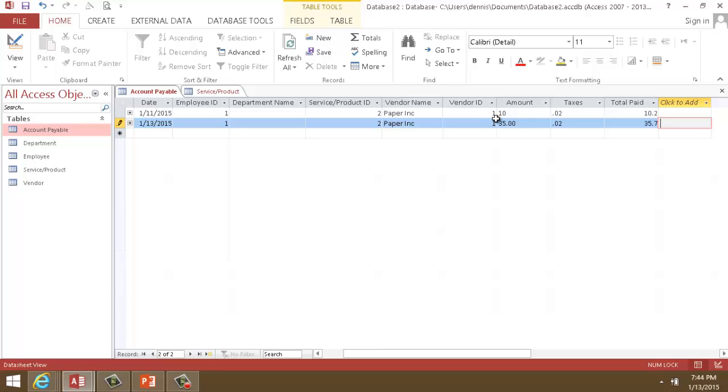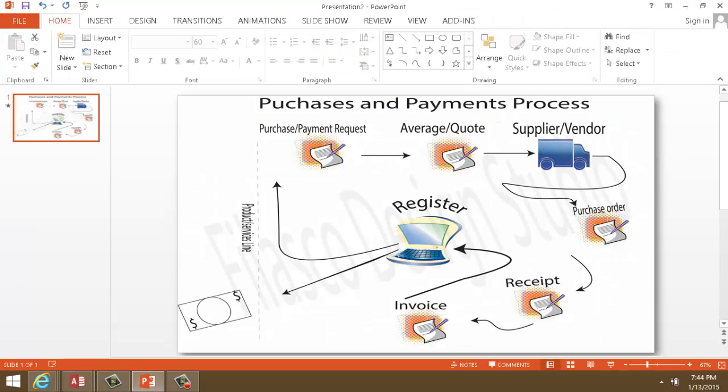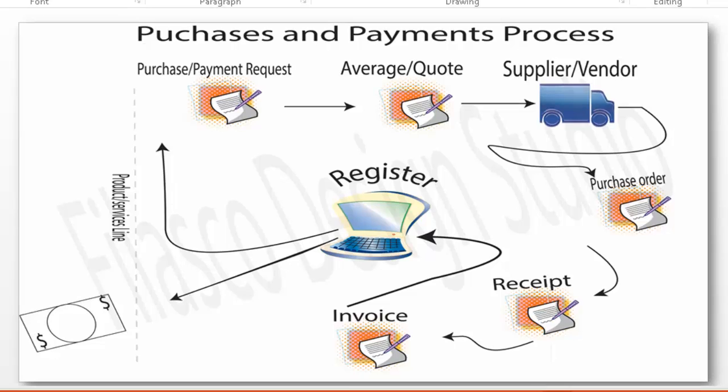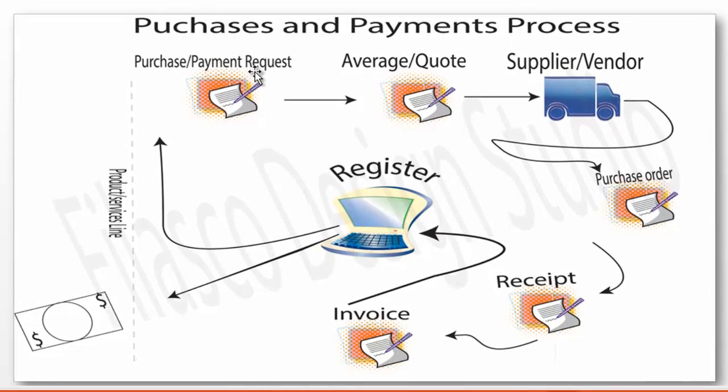I have something for demonstration right here, so let's look at it before we go into the designing part. Okay, let's do this. As you can see, this is the process for processing account payable. This is the chart I have here. Somebody has to request a purchase or payment.